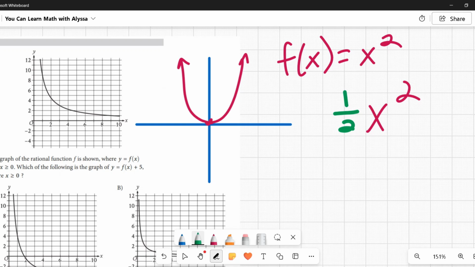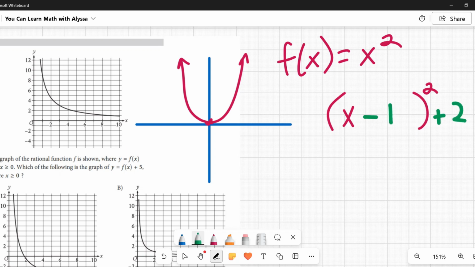Now all of these can be combined, and they like doing that as well. If I had this original x squared, and let's say I added on a -1, a plus 2, and a negative out front. The -1 is going to move it to the right 1, positive 1 on the x.